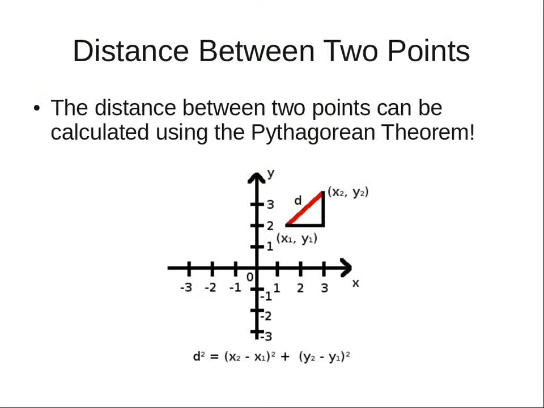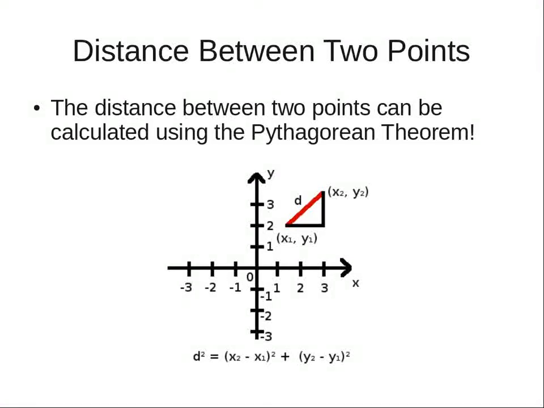Now, you can draw a line between those 2 points. Okay, that'll be the hypotenuse of a right triangle. And then you can draw vertical and horizontal sides to form this right triangle I'm talking about. Okay. Now, use the Pythagorean theorem to find the length of that red line. That will be the distance.